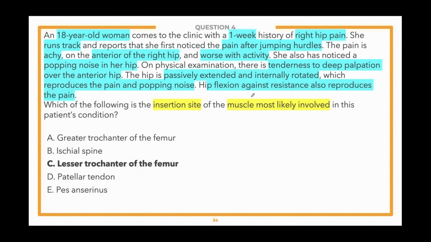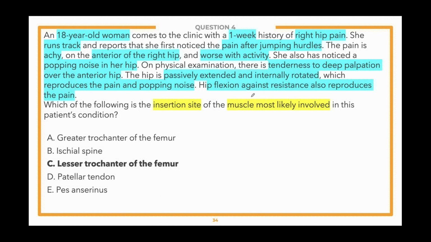You can have a popping or clicking noise, usually reproduced when you extend and internally rotate that hip, okay? You can also have tenderness on deep palpation, which is what our patient has here. Common sports that require repetitive hip flexion are where you might see this: track and field, doing hurdles, ballet, gymnastics, some common sports to think about.